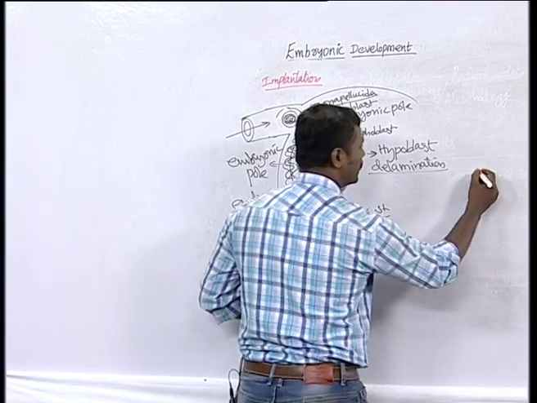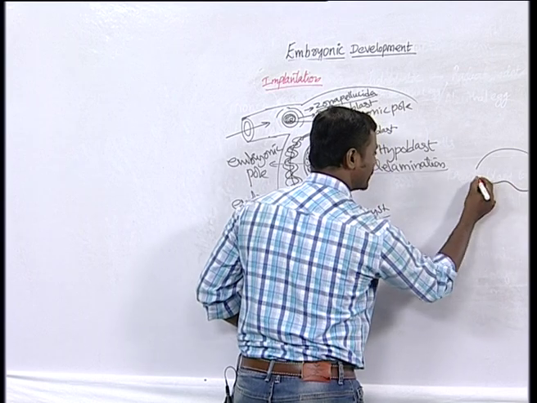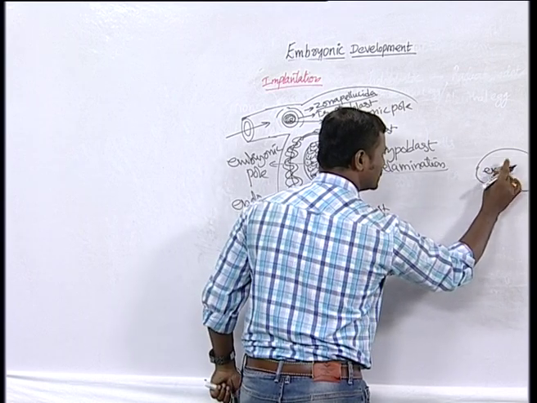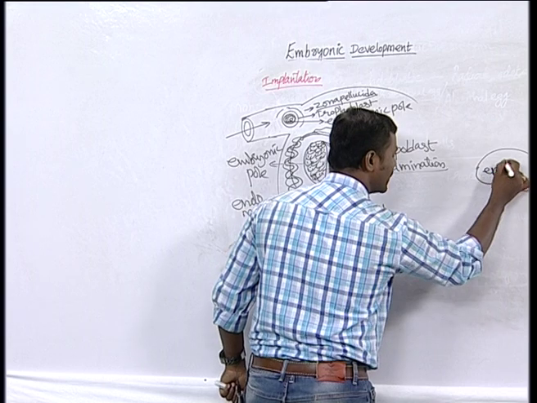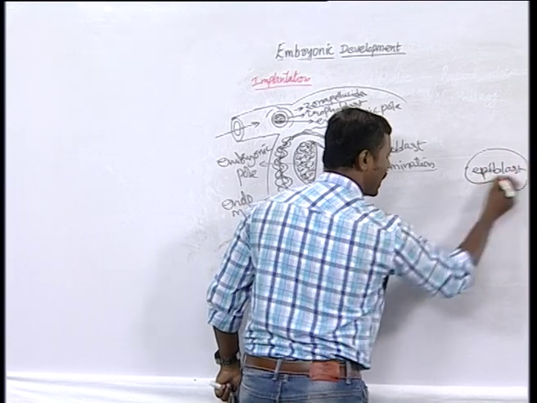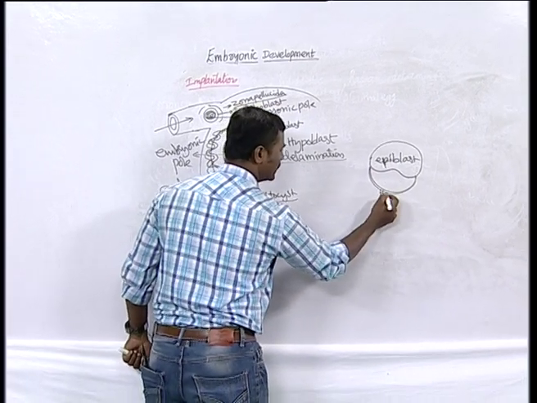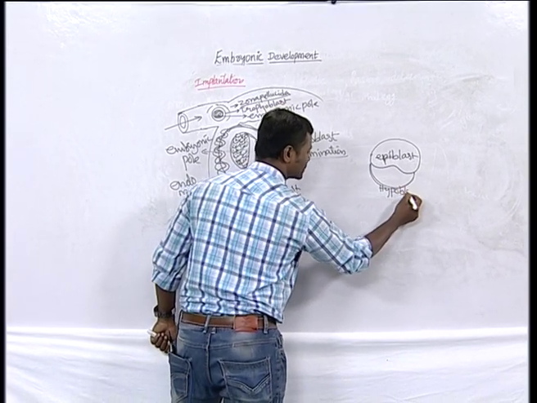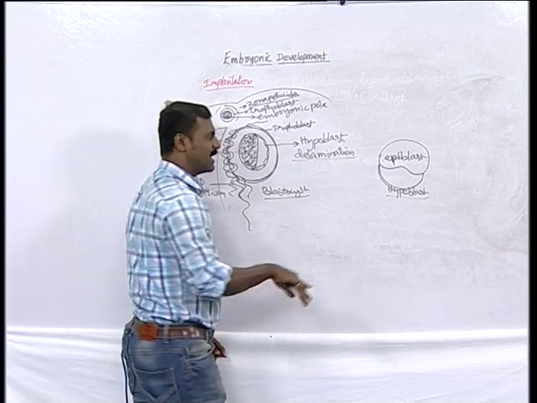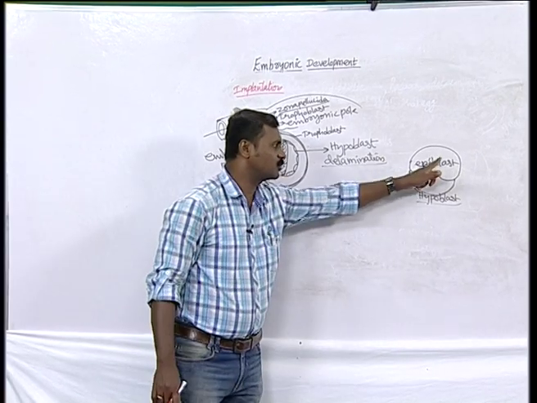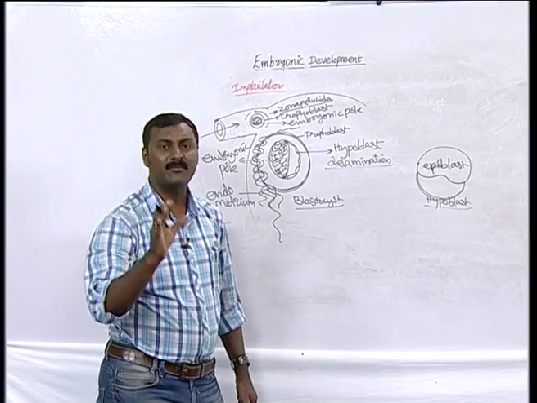If you see only the bilaminar embryo, this layer is now named the epiblast, and the layer which came out is called the hypoblast. The hypoblast comes out, leaving the group together, which is called the epiblast.